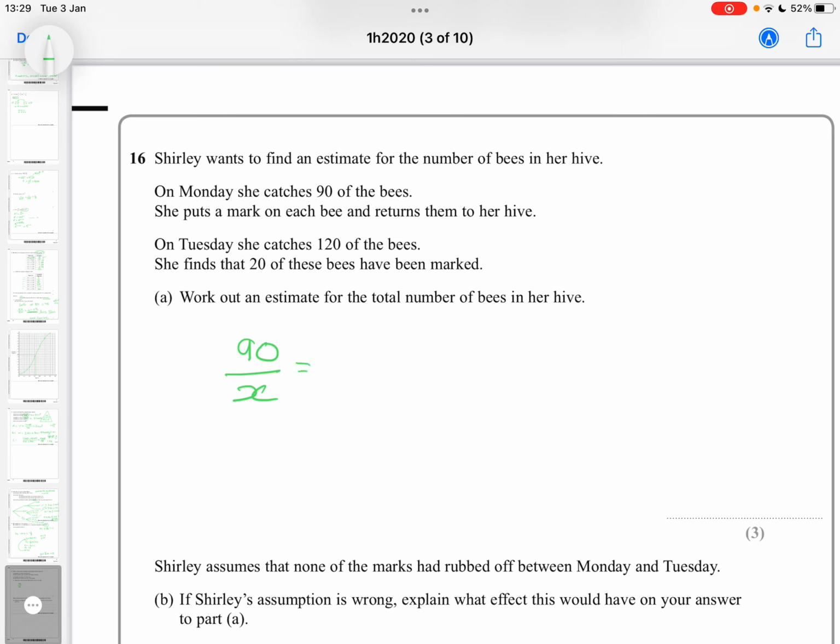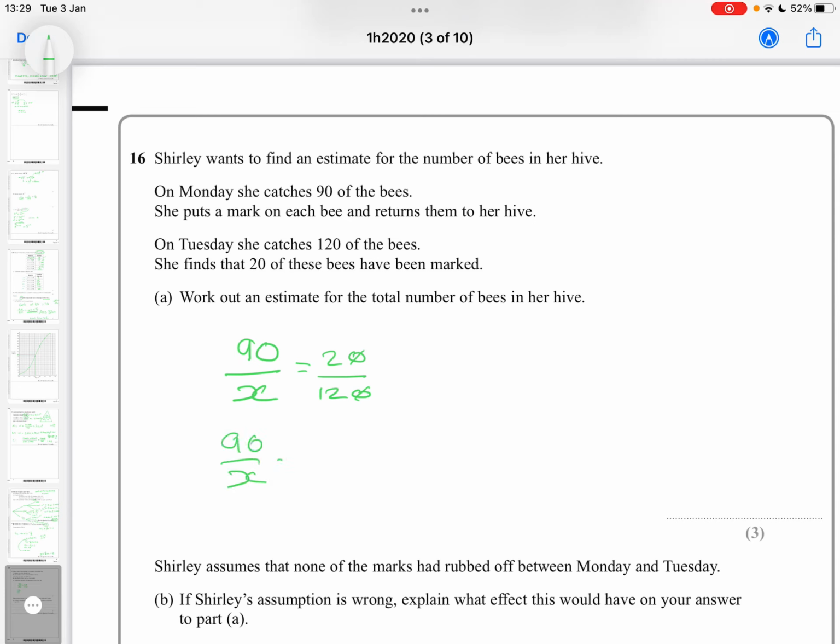But on the Tuesday, she catches 120. That was the whole amount she catches, and 20 of them have a tag on. So we can use this proportion, because if it was accurate these should be the same, and that should get me what x is. There's a couple of ways we can do this. First, I'm going to cross that 0 off and simplify that to a sixth.